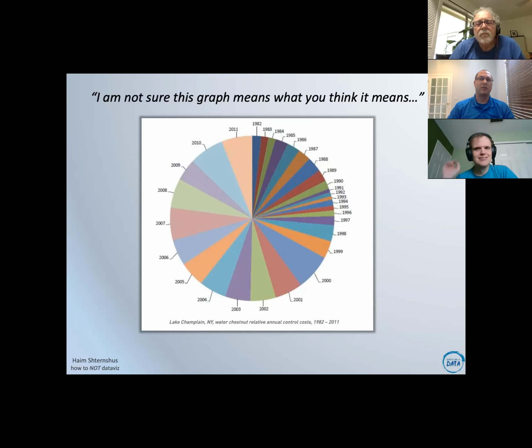Were there any years where we had a dip in the cost? What is the year with the highest cost of chestnuts? All of these answers can probably be achieved by using this pie chart, but they will require some work, right?